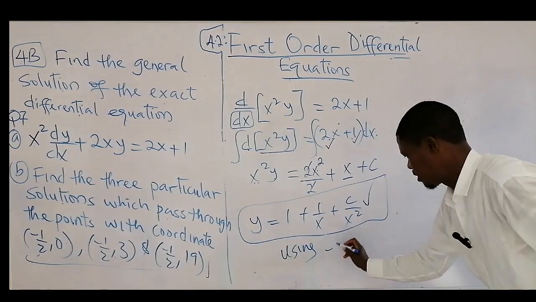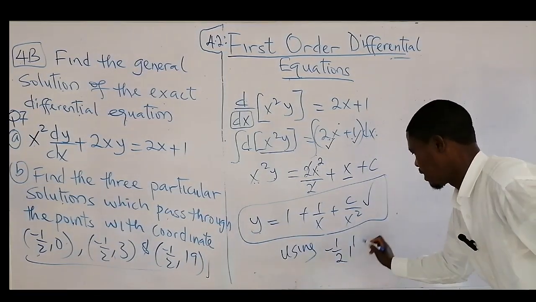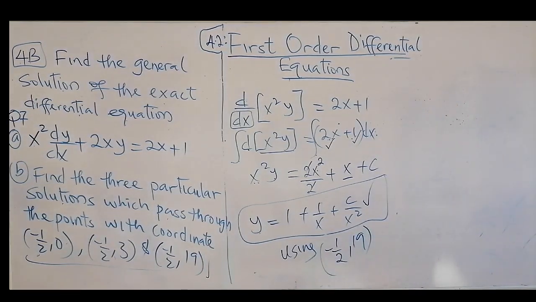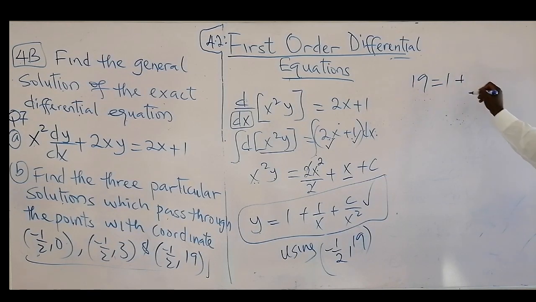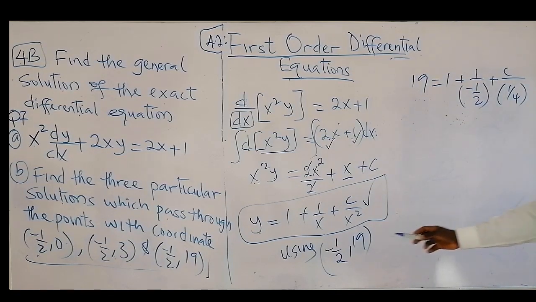We have the coordinates minus half, 19. So that means my y is 19 equal to 1. I'm still using this equation: 1 plus 1 over minus half, then plus c over 1 over 2 squared, that'll give 1 over 4.